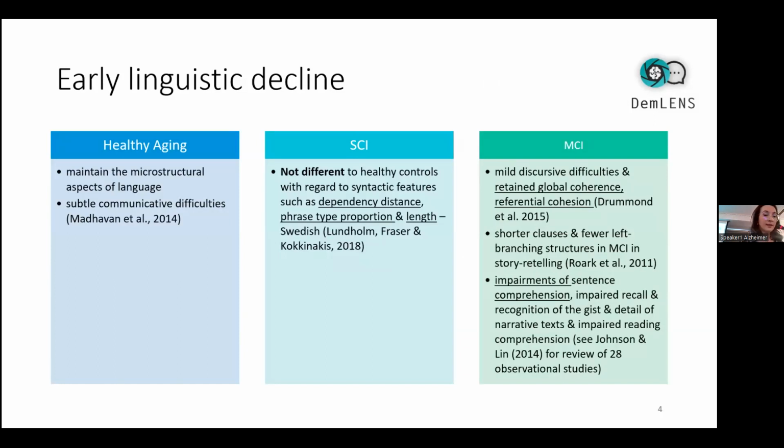Well, there is a recent study by Lundholm, Fraser, and Kokkinakis who analyzed Swedish data, and they measured dependency distance, phrasal type, proportion, and length, and they didn't find a difference between the SCI group and the healthy control group. When we're moving to MCI data sets, we find some impairments with regard to comprehension, but overall we have retained global coherence and referential cohesion, with some shorter sentences and fewer left branching structures in story retelling.